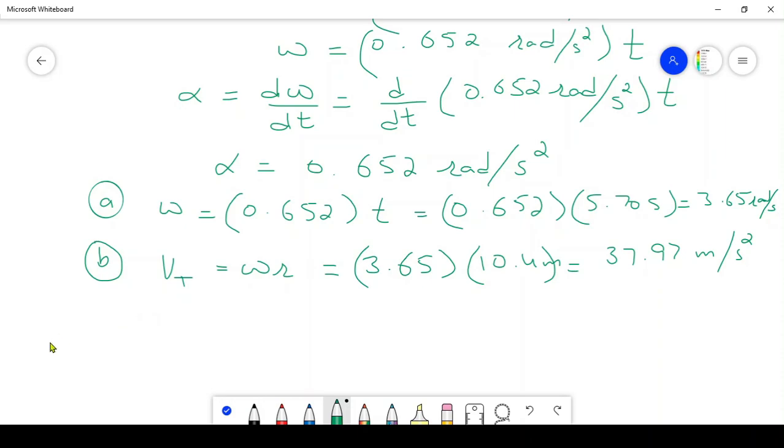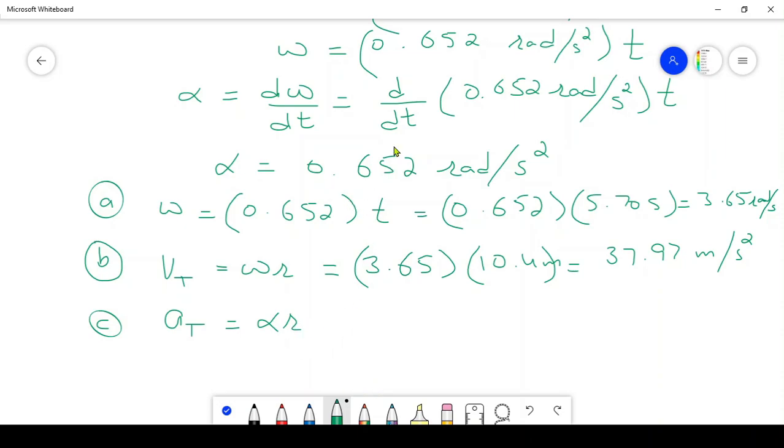In the third part, we are required to find the value of tangential acceleration. We have derived a formula to calculate the value of tangential acceleration to be alpha r.